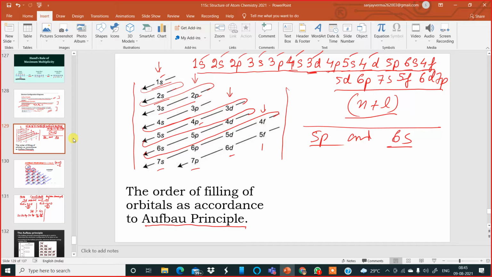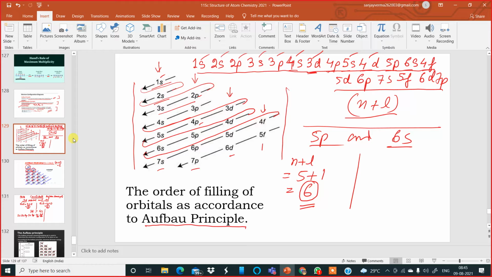For the 5p orbital, the value of n plus l becomes: n is 5 plus l. For the p orbital, what is l? Tell me, what is the value? 1? Very good. So 5 plus 1 is 6. So for the 5p orbital, the value of n plus l is 6.